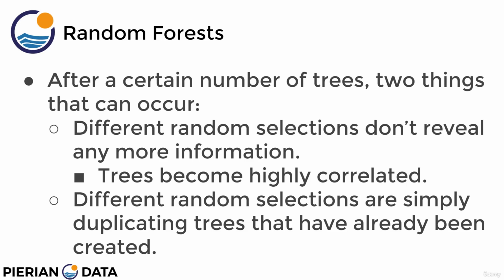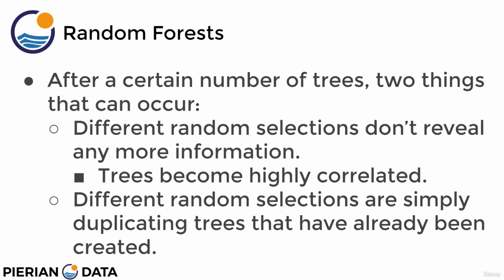And really, because these trees are becoming highly correlated, it doesn't mean that you're actually overfitting to the historical training data. Instead, you're basically just producing a duplicate or highly correlated prediction, which is to say that that other randomly selected subset that built out a decision tree isn't revealing any more predictive information from the features.